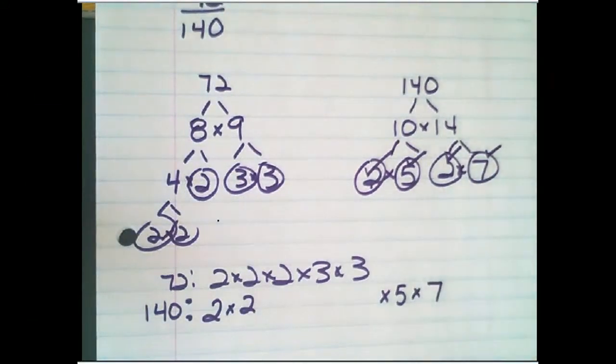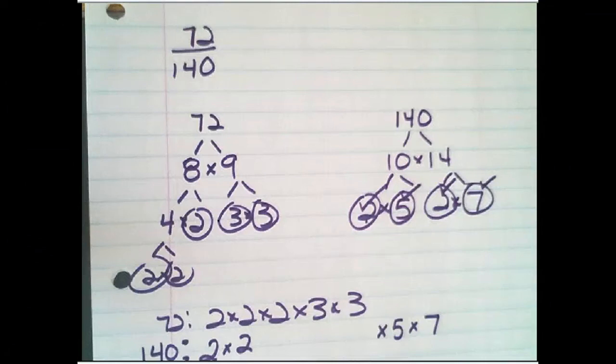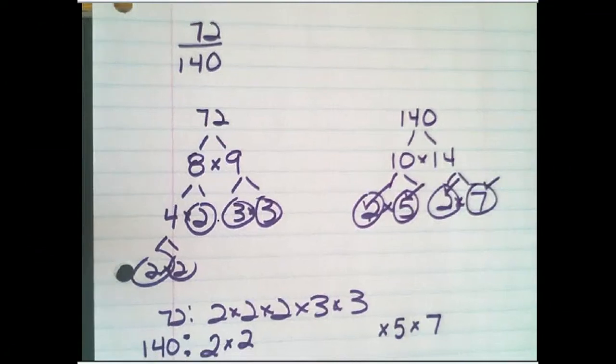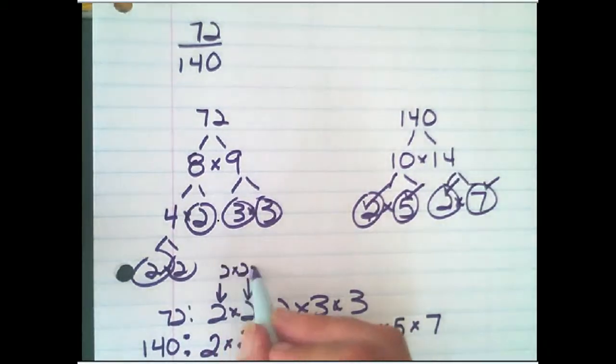So when I'm looking at reducing 72/140ths, what I want to do is find out what is the greatest common factor of both 72 and 140. You might remember from our last video, we looked to see which numbers they have in common, and it would be 2 2's, and 2 times 2 is 4.